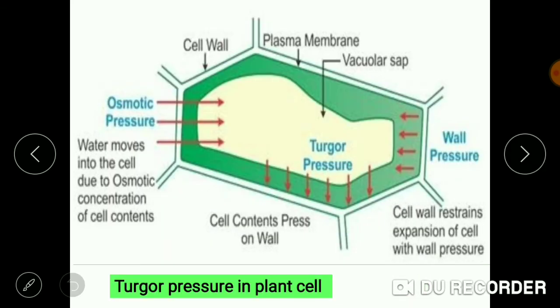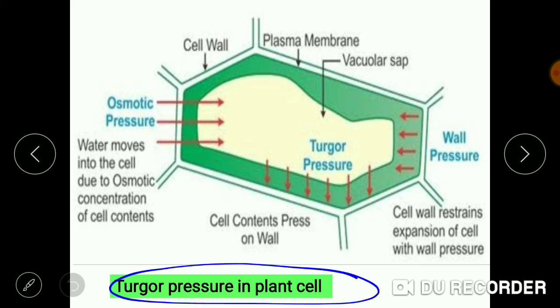Here is the diagram depicting the turgor pressure in the plant cell. The water moves into the cell due to the osmotic concentration of the cell contents.